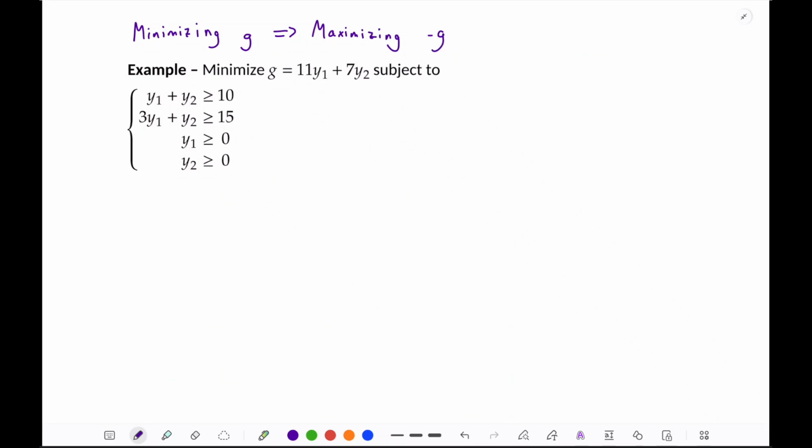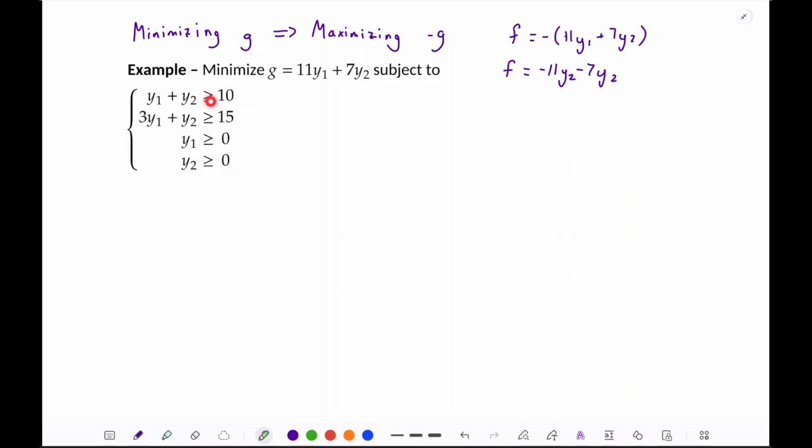So what we do is we define a new function and we let it equal negative g, which is 11y1 plus 7y2. So if we distribute that negative, our new function now is f equals negative 11y1 minus 7y2. So there, we changed it from a minimization to a maximization.